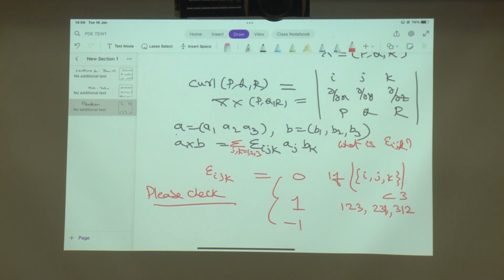These are permutations, yes, correct. So one can define A cross B for any vectors. We know only for vectors of length 3 we defined it, but one can do this in high dimensions.